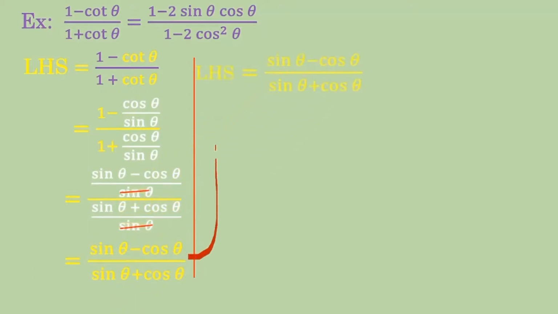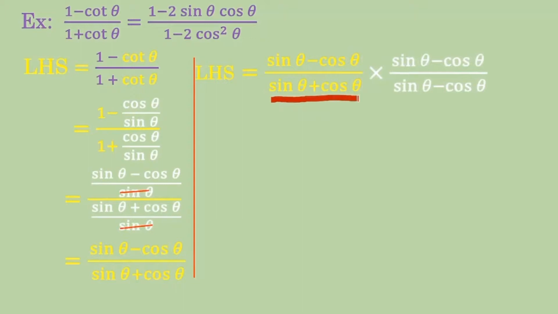For convenience, we may rewrite this step again. To balance the fraction, we may use the conjugate multiplication. We know that the conjugate of sin theta plus cos theta is sin theta minus cos theta.